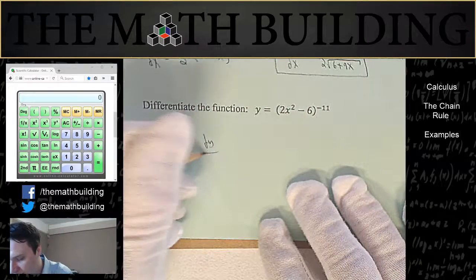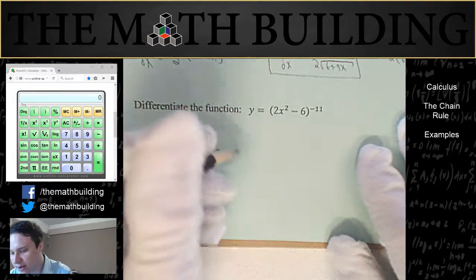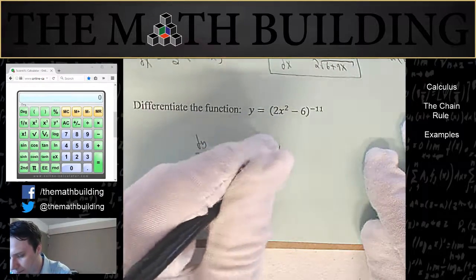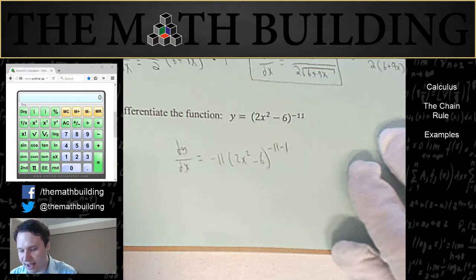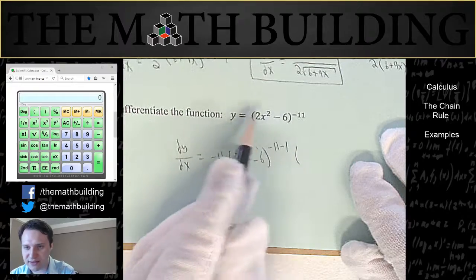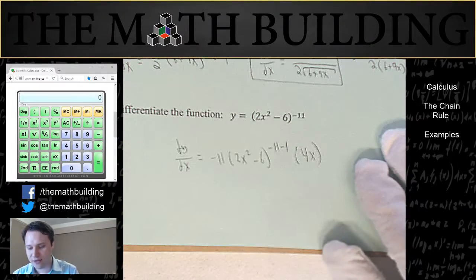So dy/dx, let's take the derivative of the outside, which would be -11 times, leave the middle alone, and then this would be to the power of -11 minus 1. And then we multiply that by the derivative of the inside, and ignore the -6, the derivative of 2x squared is 4x. And so there's your answer right there.